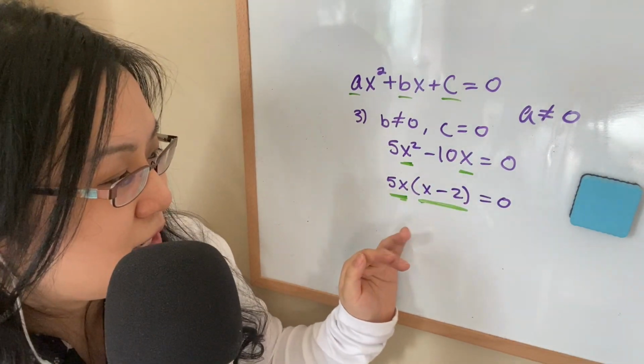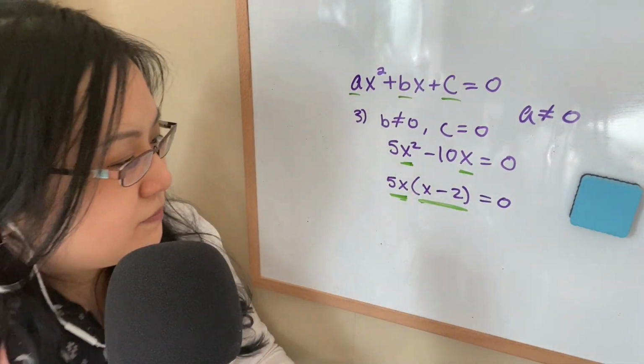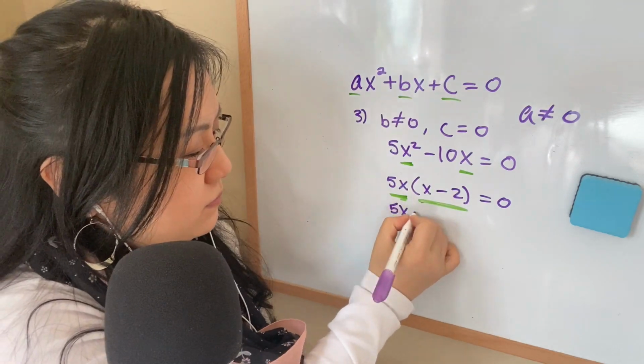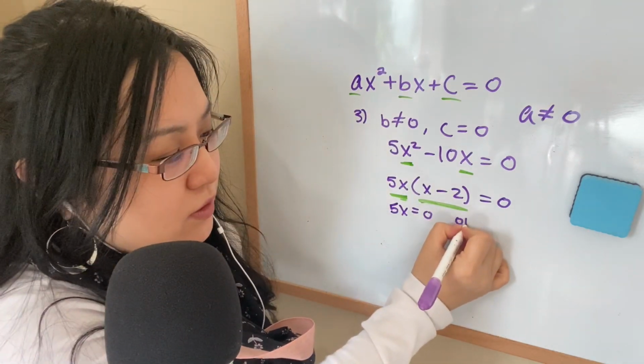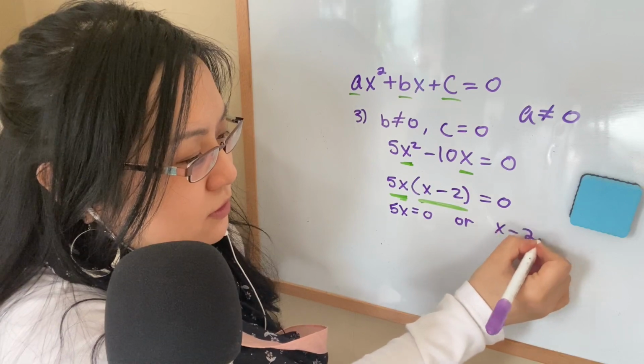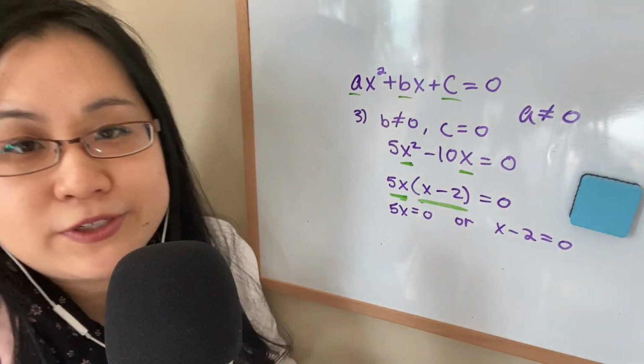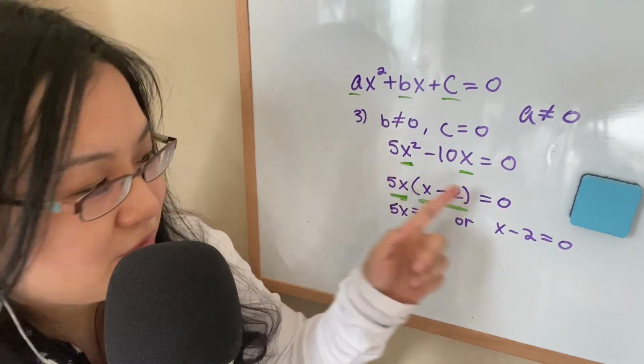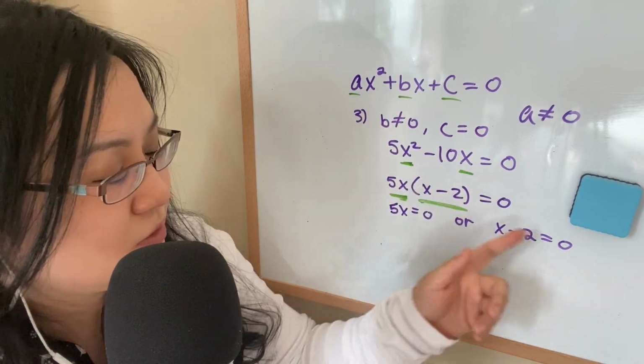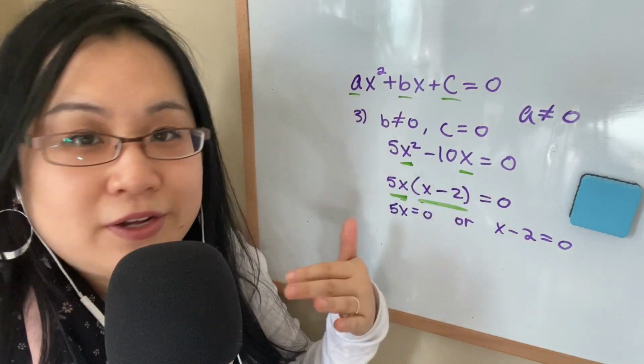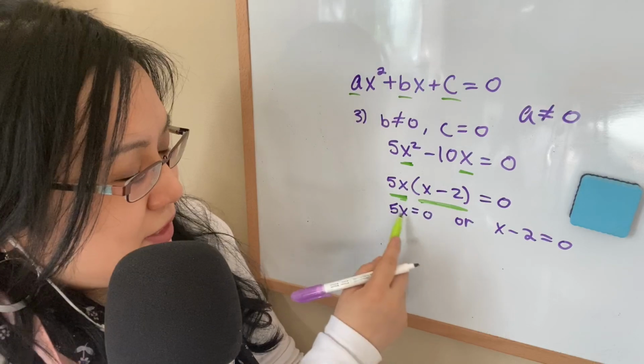So you would say 5x equals 0, or x minus 2 equals 0. Or you can even break it down further and say 5 is never 0, so that's fine. X equals 0 or x minus 2 equals 0. However you want to do that.